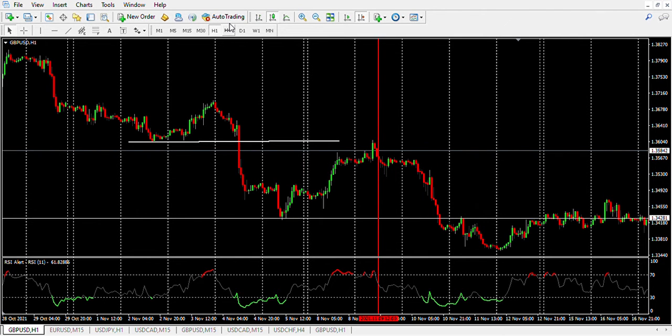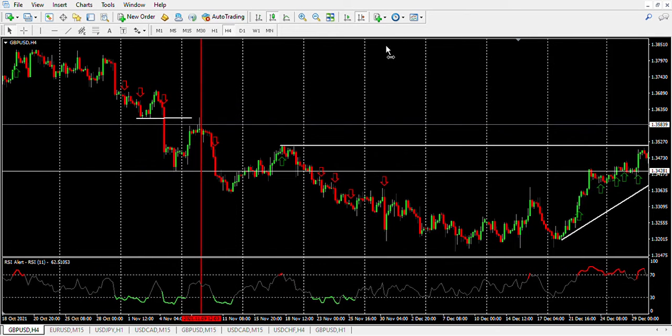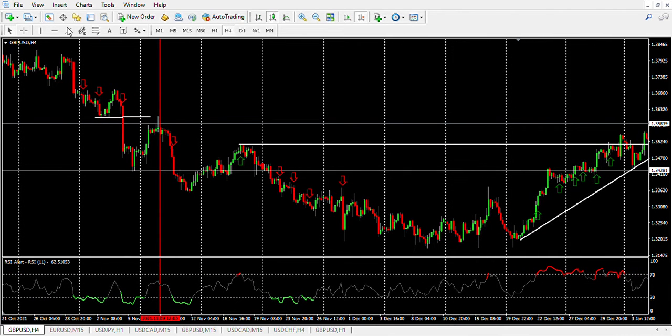Let's go back to the 4 hour, right? Let me move this line and show you again. Right, so price now broke this area here. So you can come all the way up to here. Once you break this area, you are still in the area of sells.